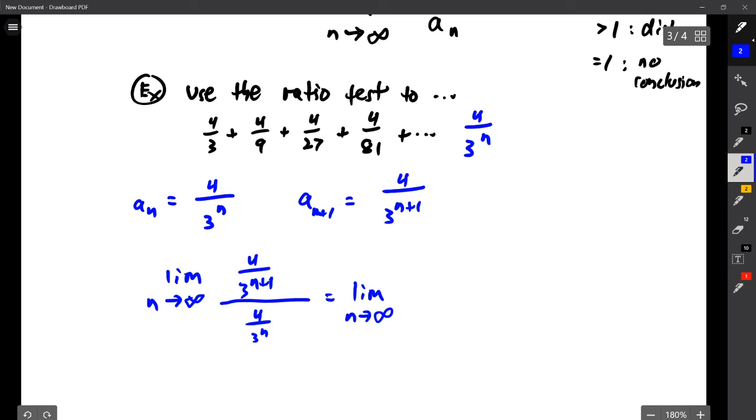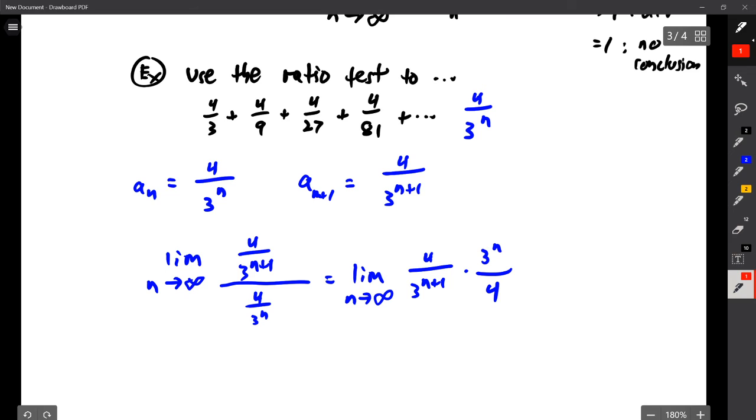Let's invert and multiply. So we have 4 over 3 to the n plus 1 times 3 to the nth over 4. I took this denominator, inverted, and multiplied. Okay, what can we do now? Well, my 4's cancel, right?